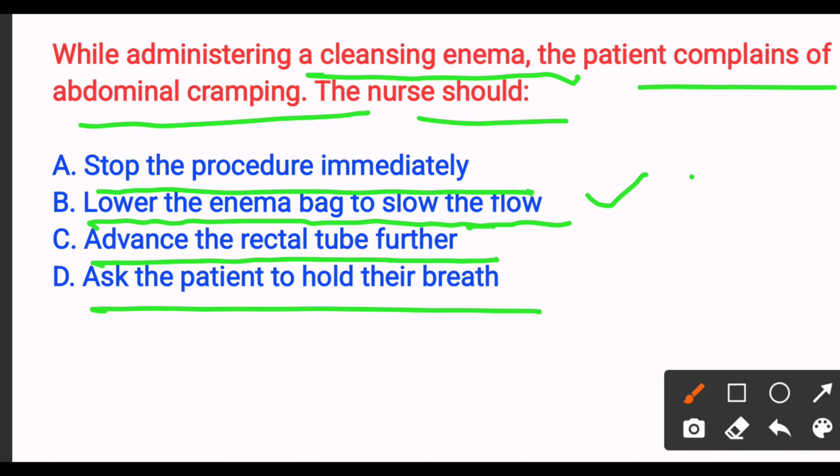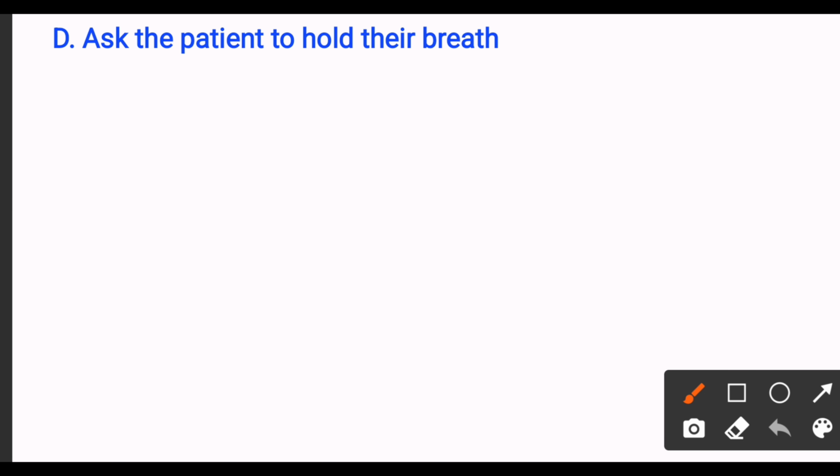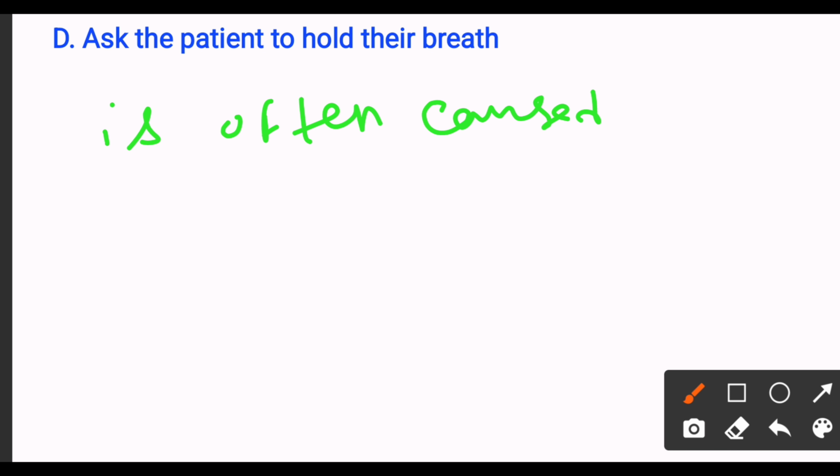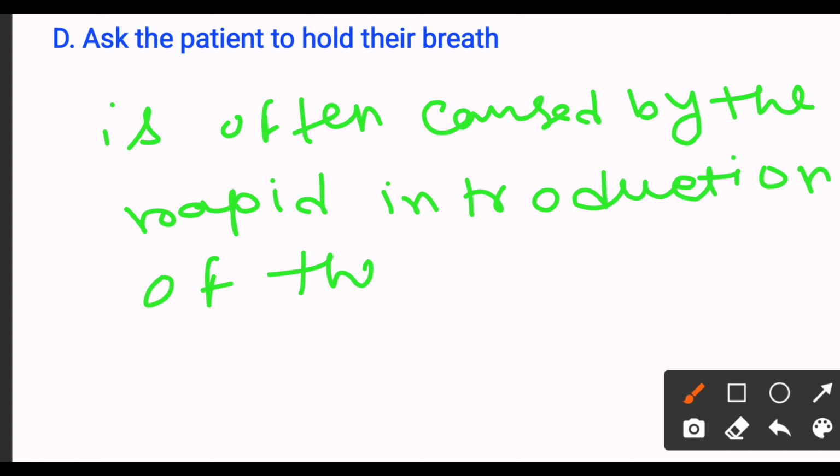The answer will be option B, lower the enema bag to slow the flow, because cramping is often caused by the rapid introduction of the fluid, or the temperature of the fluid.